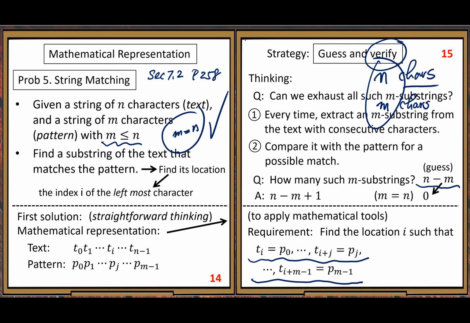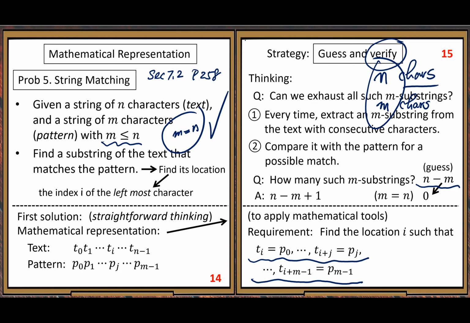So you want to make your guess as close to the answer as possible. Then you only need to make a small adjustment. But if the difference is big, you need to make a bigger adjustment. That will be harder.